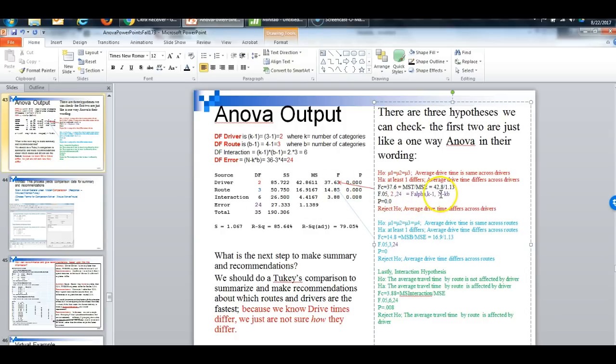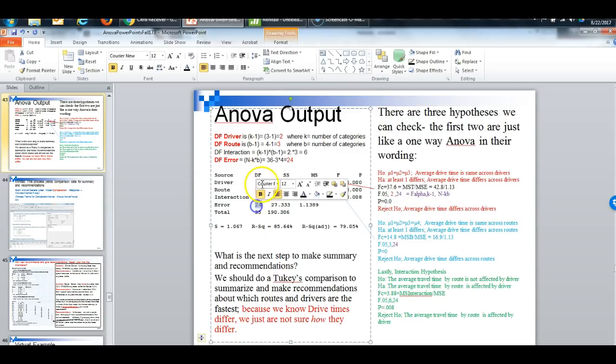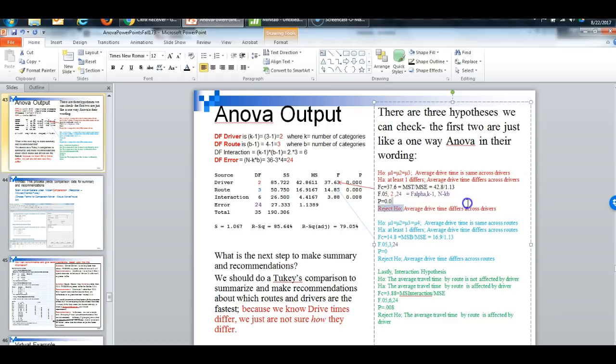But if you don't know n minus k times b, you can just grab it off of 2 and 24. Those are the degrees of freedom for the error, just like it was before. 2 and 24, you get it right off the ANOVA table. My p-value for this hypothesis is 0, so reject. Average drive time does differ. So one driver may be faster than another.